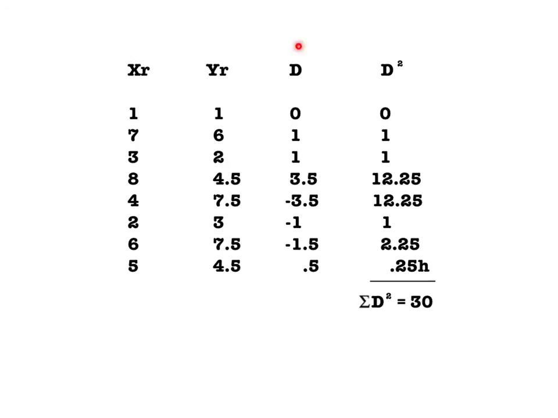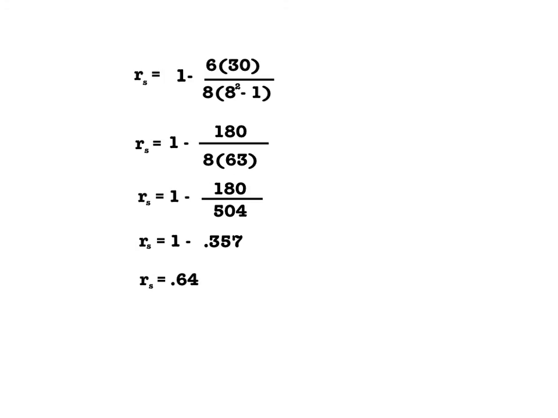Once we get all of the difference scores, then we have to square them. That gives us d squared here, and we have to add them up or get the sum. So the sum of the squared difference scores. In this example, the sum of the squared difference scores is 30. And remember, that's a term that's needed in the numerator of our Spearman coefficient.